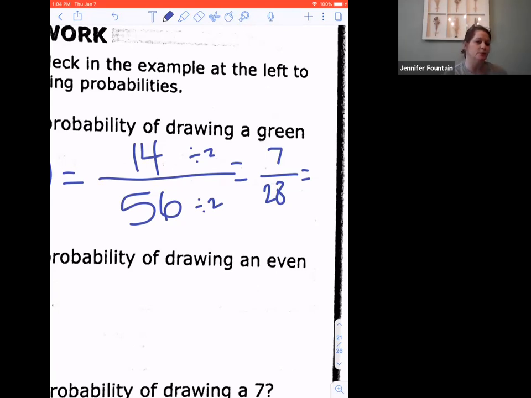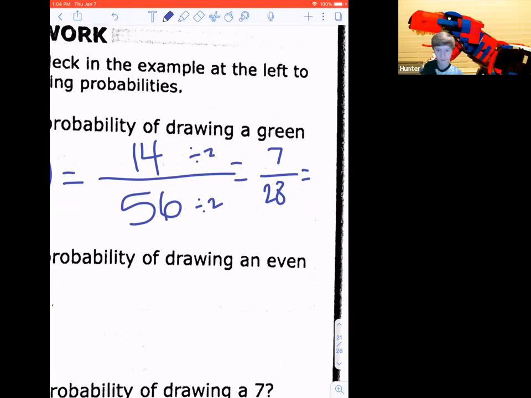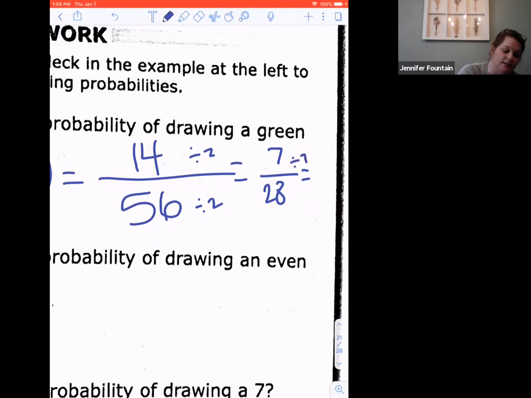Are 7 and 28 divisible by anything? Think about, what are they both divisible by? 7. They're both divisible by 7, right? And 7 divided by 7 is 1. 28 divided by 7 is 4.